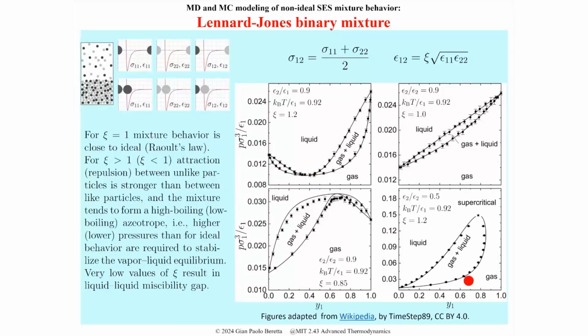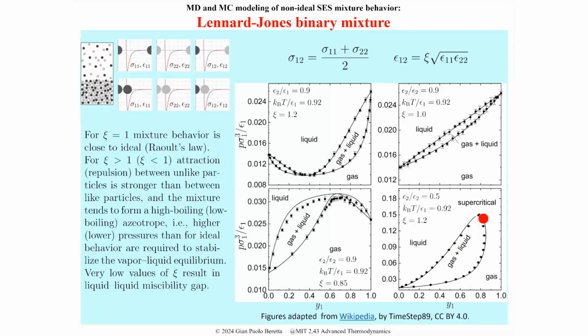And also, if you play with the ratio, and this is wrong, this should be epsilon 2 over epsilon 1, of course. I need to correct that. So if you change that from this one to very different, you may find a critical region.